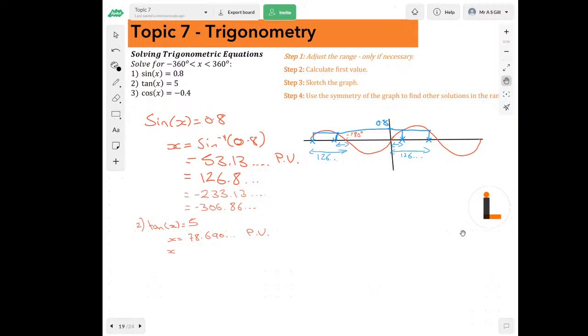Like I said, tan is slightly more straightforward, and all we need to do is add or subtract 180 degrees.